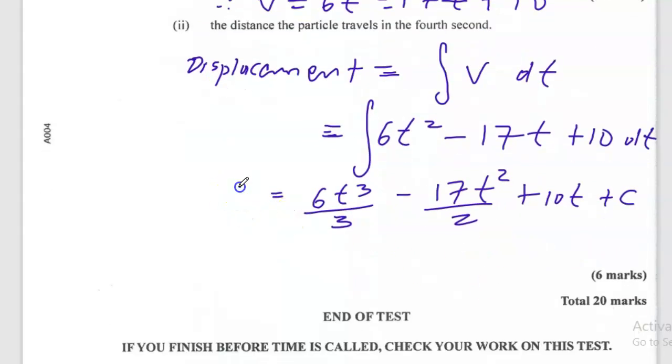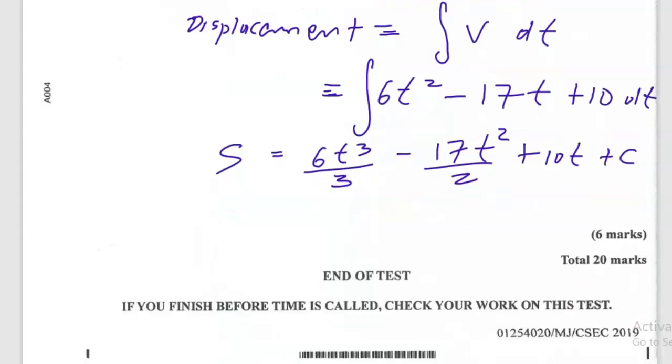So S, let's call displacement S. So we need a value for K. So we know that displacement is 0 when the time is 0. So substitute t equal to 0 when S equal to 0.